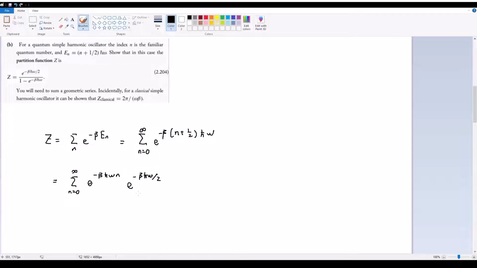We can move this term out because it has no n dependence. So we have e to the negative beta h bar omega divided by 2 times the summation from n equals 0 to infinity of e to the negative beta h bar omega n. Now this term right here is pretty much just a geometric series.